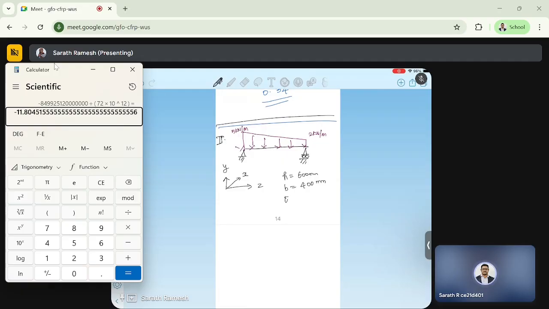And similarly, this would be 10 gigapascal. This I'll say 10 into 10 power 3 megapascal. Okay.